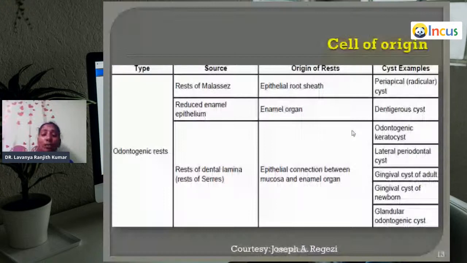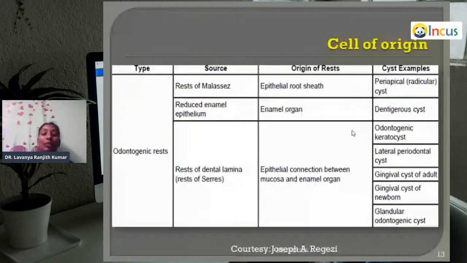The cell of origin for the cysts is mainly the odontogenic rests. The source is the rests of Malassez, which originate from the epithelial root sheath. So it is related to the inflammatory cyst, which is periapical cyst. Reduced enamel epithelium, from the enamel organ, is related to dentigerous cyst.